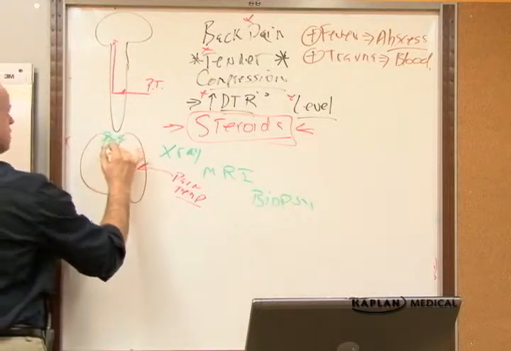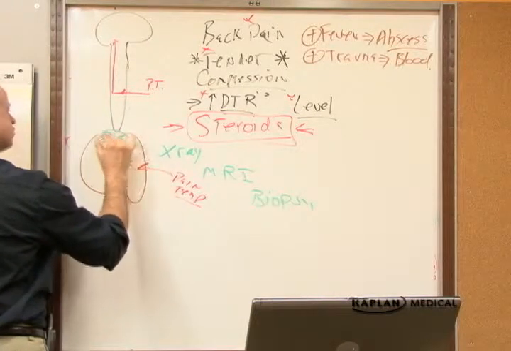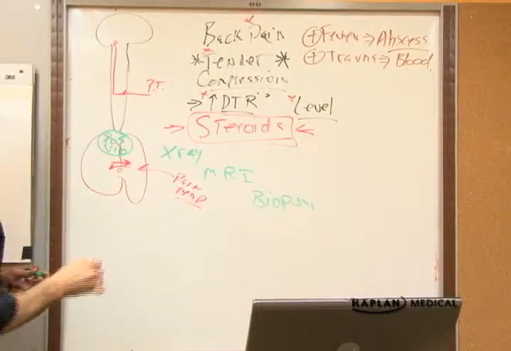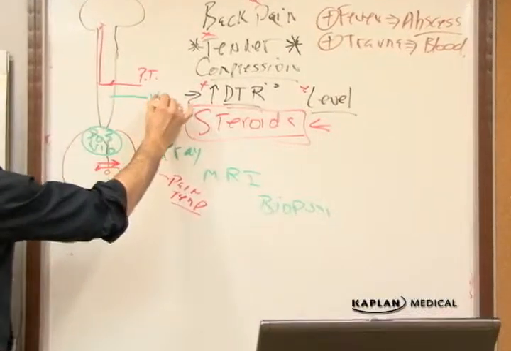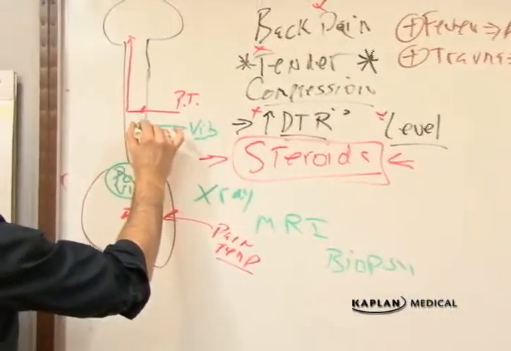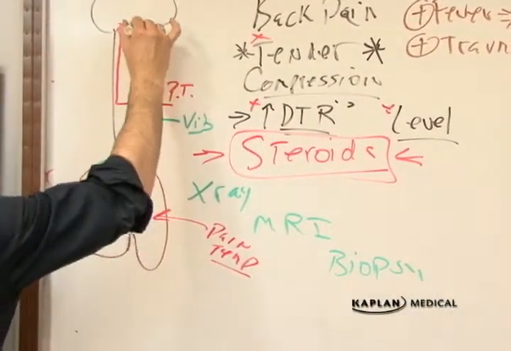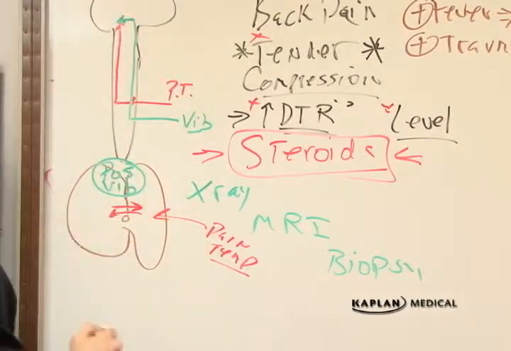Now, position and vibratory sense is different. Position and vibratory sense is all posterior column. It goes in on one side, goes up on the ipsilateral side and crosses at the brainstem.